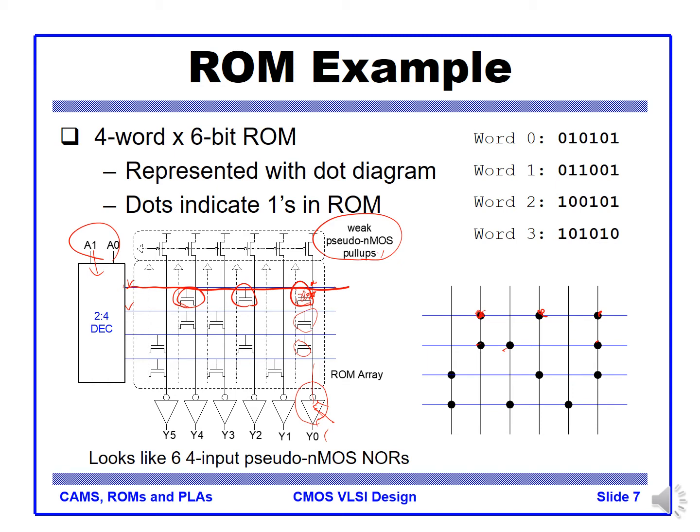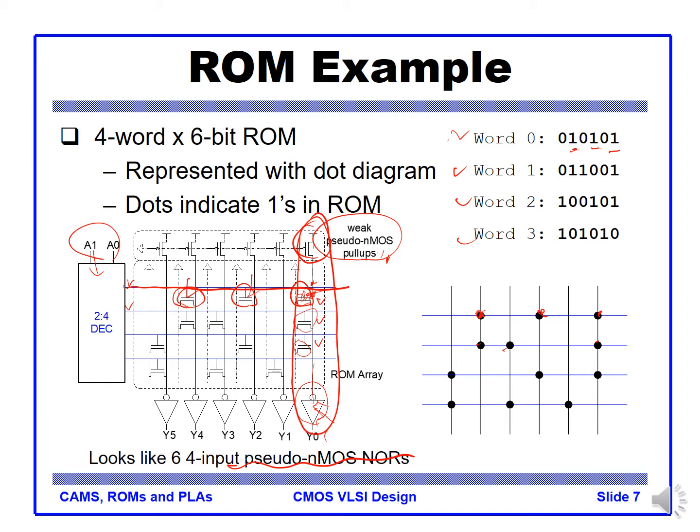So basically, if you look at this structure, it looks like we have a PMOS pseudo NMOS pull up and pull down. In the pull down path, we have an NFET. It looks like a pseudo NMOS NOR gate. So we have word 0, 1, 2, 3. If there's a 1 present, we insert the transistor here, right?